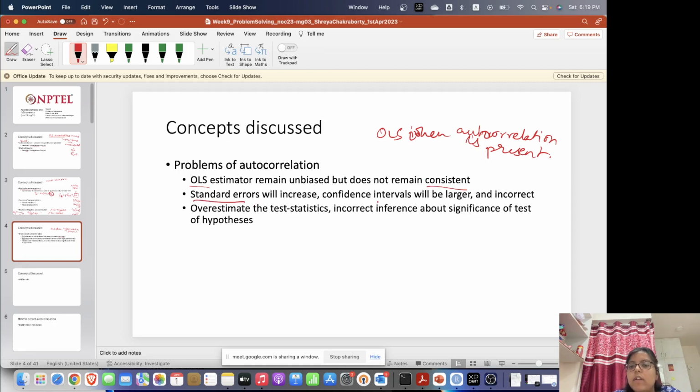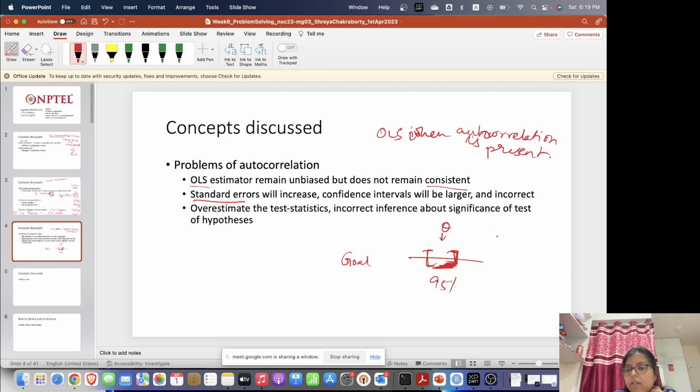As a result, the confidence interval will be larger and thus incorrect, because the goal is to get precise confidence limits. We want to be 95% sure that our parameter of interest theta is contained within this interval, so we want this interval to be as precise as possible.